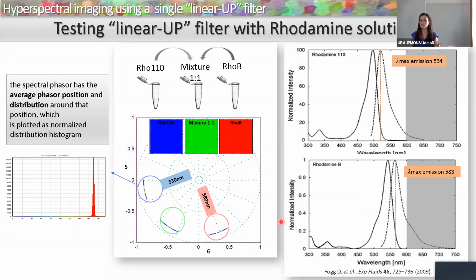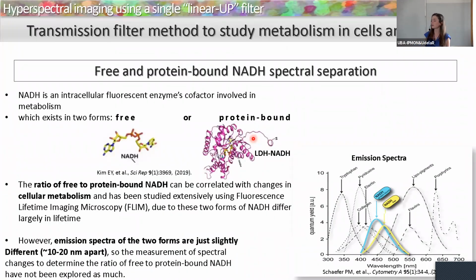So even though I mentioned before that we lost the property of linear addition, there is a relationship in the angular position. With this, we wanted to test our method to study cell metabolism, which you heard about yesterday from Suman Ranjit, about NADH autofluorescence that allows us to study metabolism in cells.